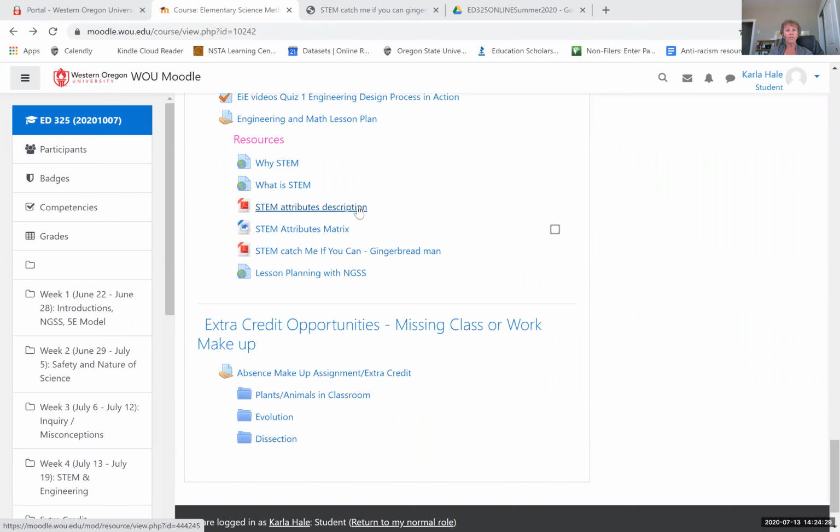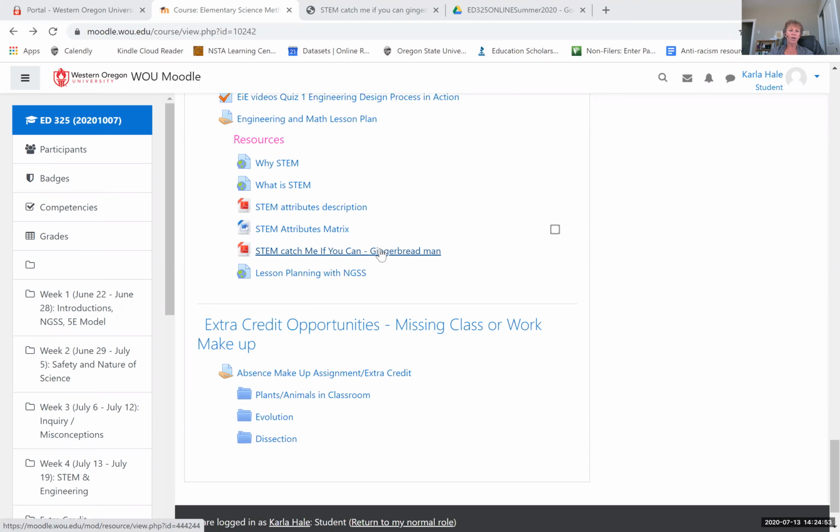I'm going to give you some practice in identifying STEM components, and then we'll come back again and see if there are certain ones that you identify as being critical, and we'll share out a little bit. So I'm going to put you into breakout rooms, and in your breakout rooms, you get to decide how you want to preview the article that is called Catch Me If You Can, Gingerbread Man.